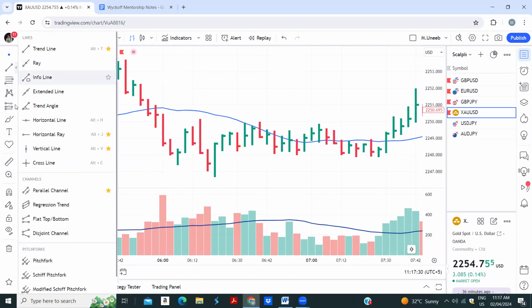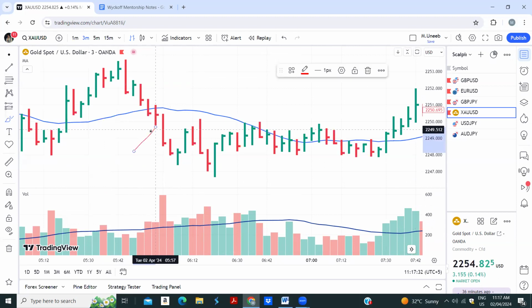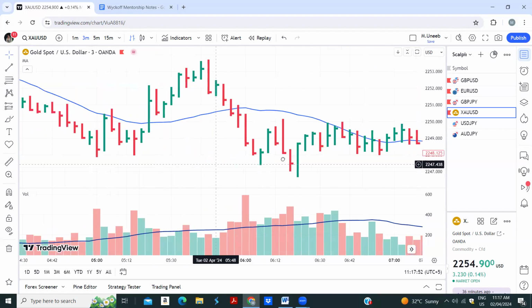Compare this one, the volume of this one, you can see. We have a smaller volume and a smaller price movement. We have the larger volume, we have the larger price movement. This is known as the law of effort versus result. Understand it? I'm going to show you more on the charts.